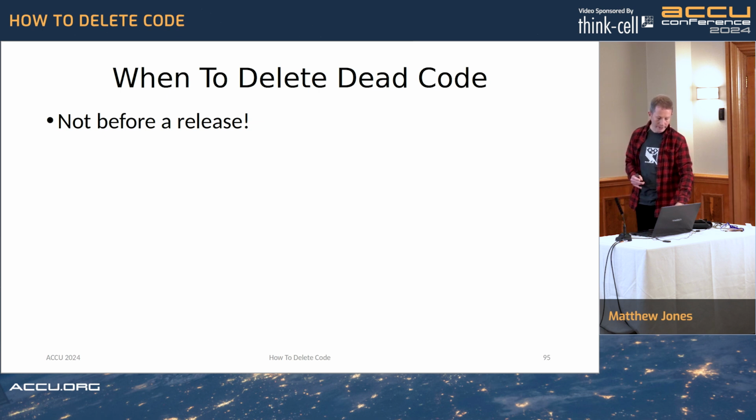Before a release will mean different things to different projects. If you've got some rapid, every week kind of cycle, there is no avoiding it, but that's fine because presumably you're moving so fast that if you break something, you can easily fix it. But if you, like us, have a 6-monthly release cycle, you want to stabilize the code. You don't want to be doing unnecessarily risky things coming up to the release.